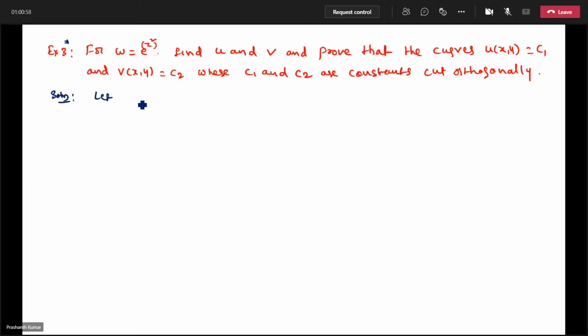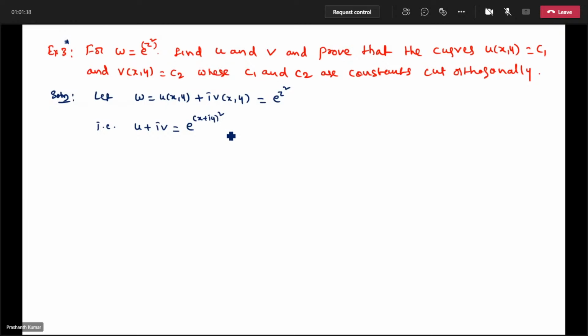Let us suppose we consider the given function W as u of xy plus i v of xy, but W is given as e to the power of z square. Now from this, I am taking the u and v values. u plus iv is equal to e to the power of z square, where z square is x plus iy whole square.